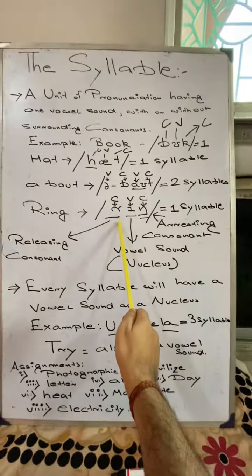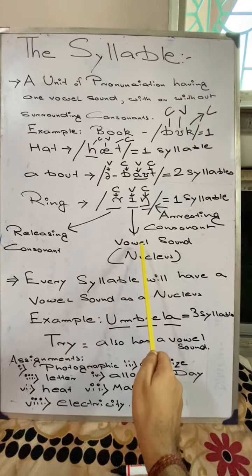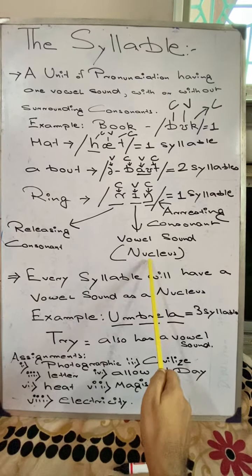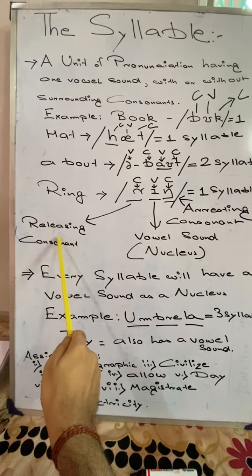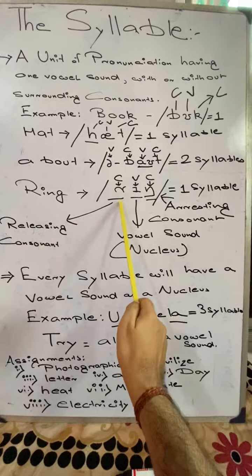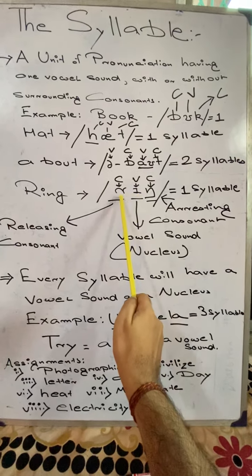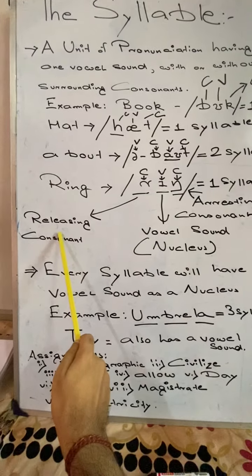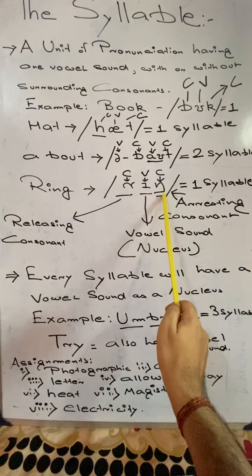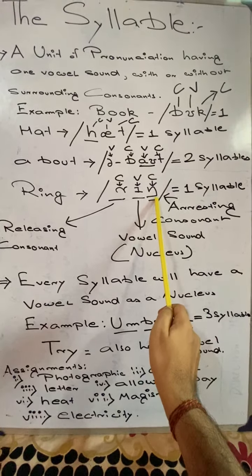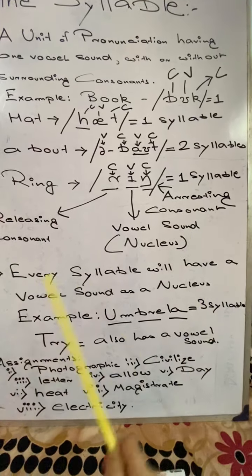Okay. So in the case of ring, I is the vowel sound or the nucleus. This consonant R is actually a releasing consonant. A consonant that is placed before a vowel is a releasing consonant. And a consonant which is placed after a vowel is the arresting consonant.